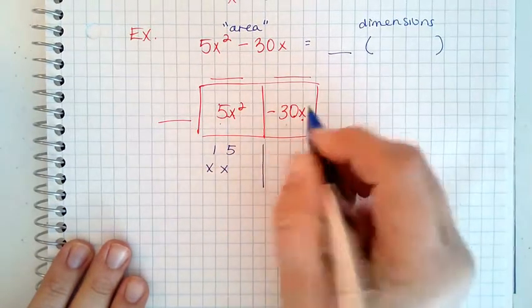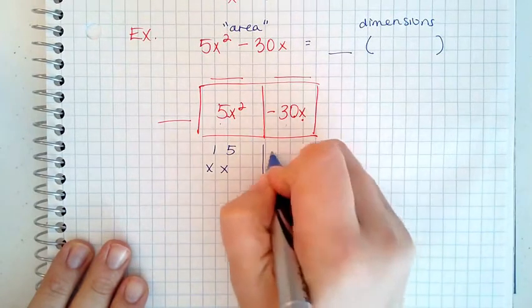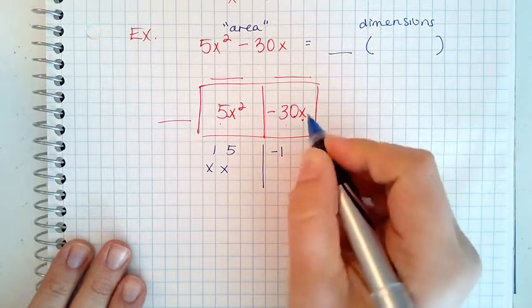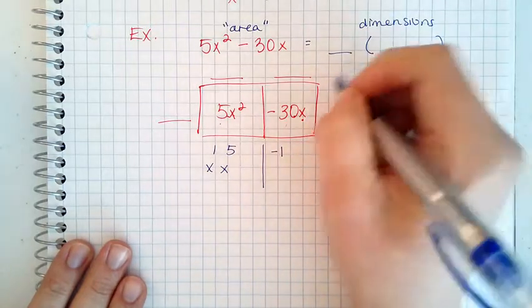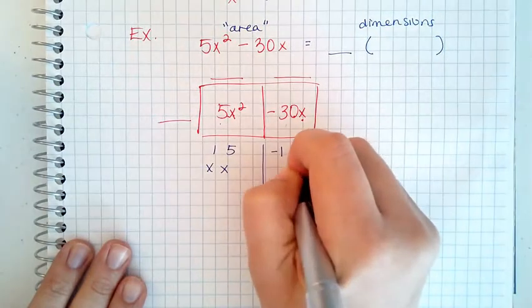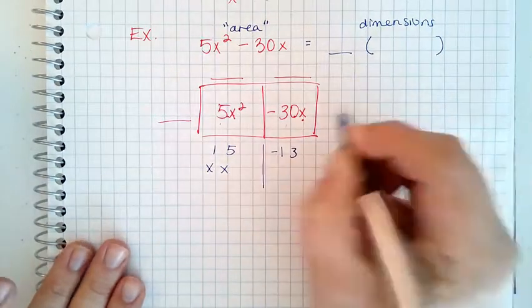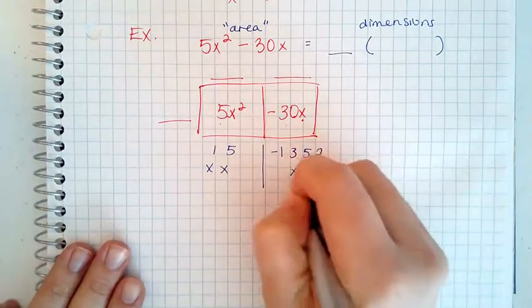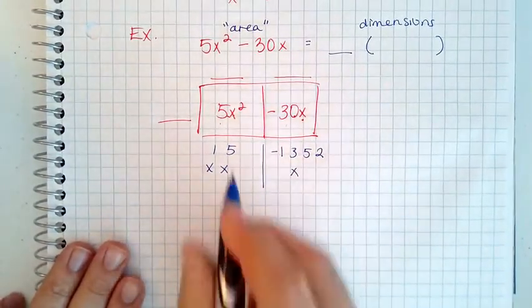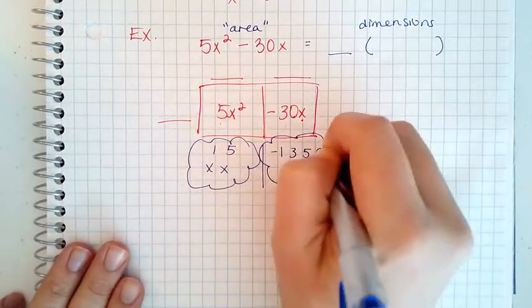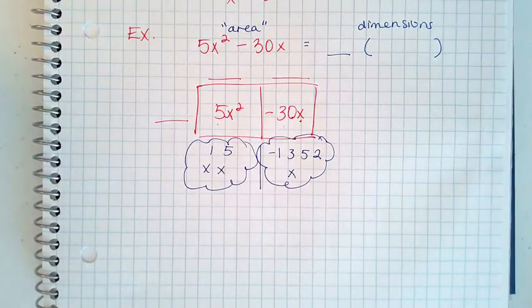And then what are the multiples of negative 30x? Well, I have a negative 1. If I break it down all the way, I have, let's see, things that multiply to 30, 3 and 10, right? So 3 is a prime number, but 10 can be broken down into 5 and 2. And then we have an x. So now I look at this, remember my thief example, clouds, blobs, bubbles, whatever.